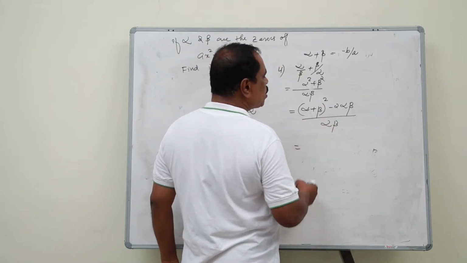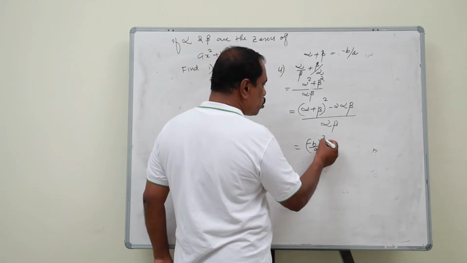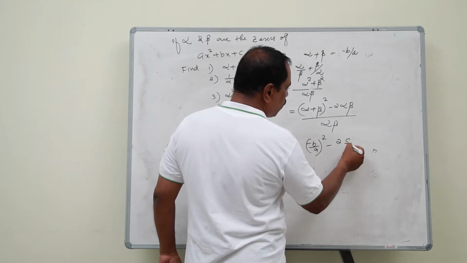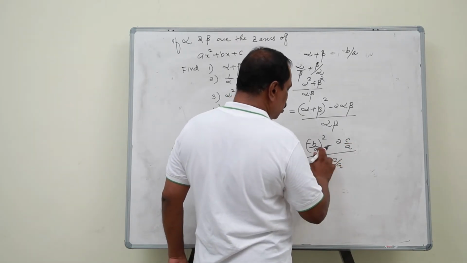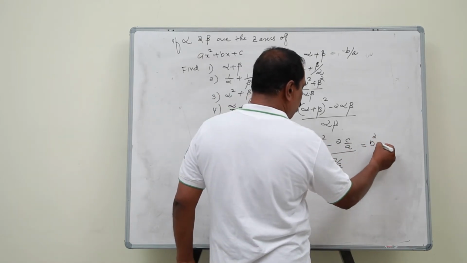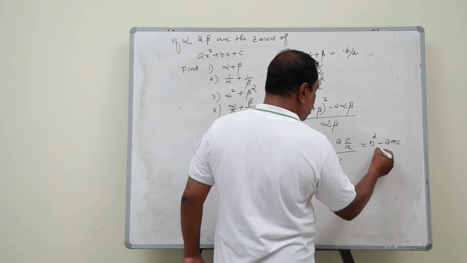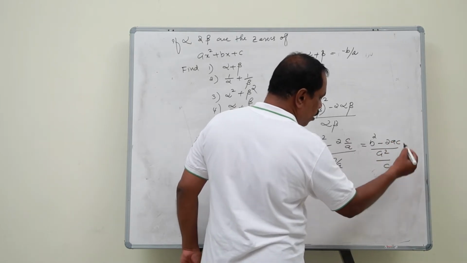Now alpha plus beta is what? We already know, minus b by a the whole square minus 2c by a, the whole by c by a. Correct? Then this we already solved before. b square minus 2ac by a square by c by a.